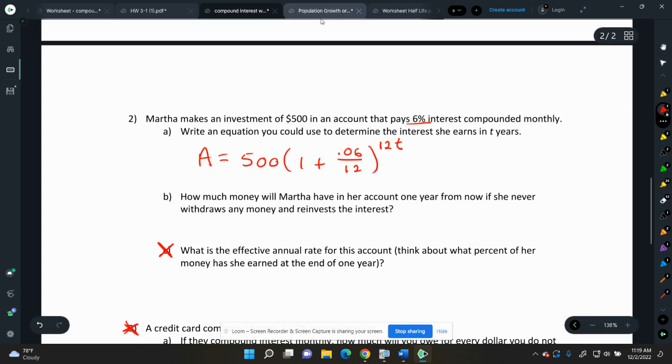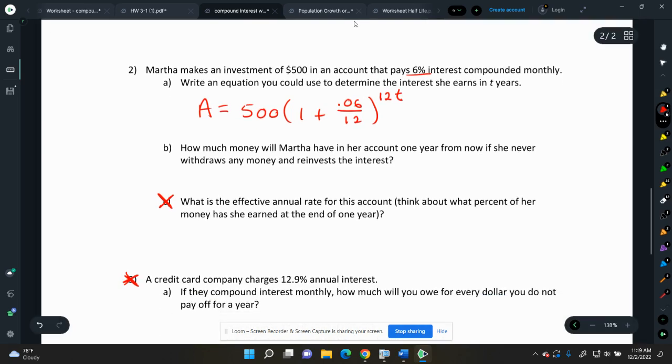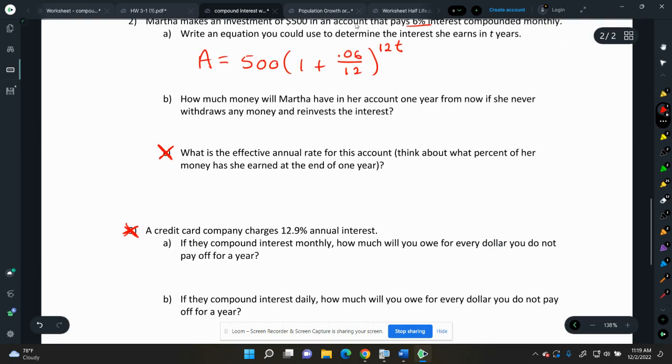How much money will Martha have in her account 1 year from now if she never withdraws any money and reinvests the interest? That's what compound interest is. The interest is being reinvested. So we're simply using this same formula, but the t is going to be 1. So it'll be to the 12th power.